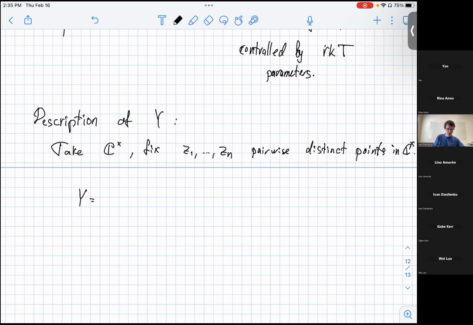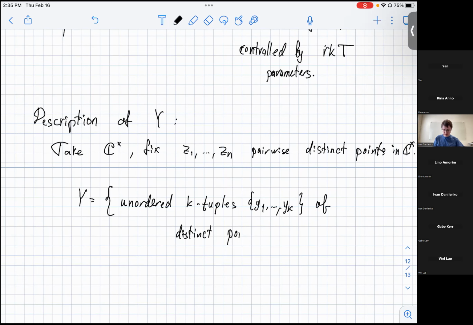And then I say that Y is just unordered k-tuples y1, ..., yk of distinct points in the cylinder with punctures.